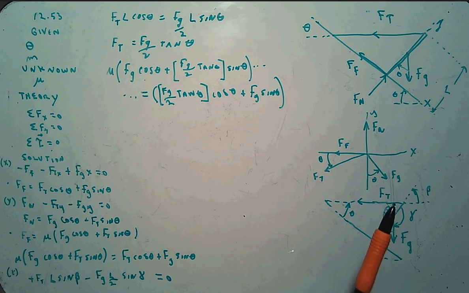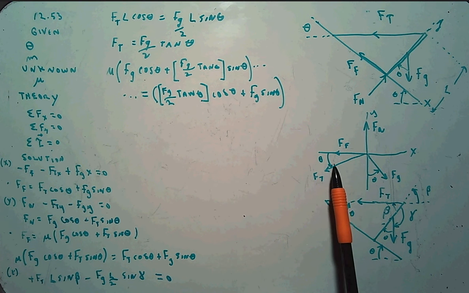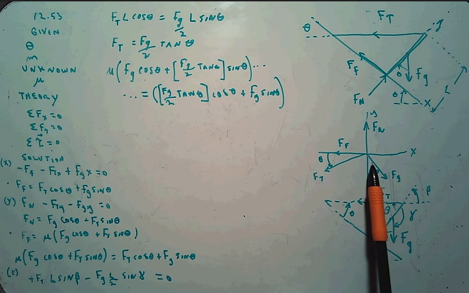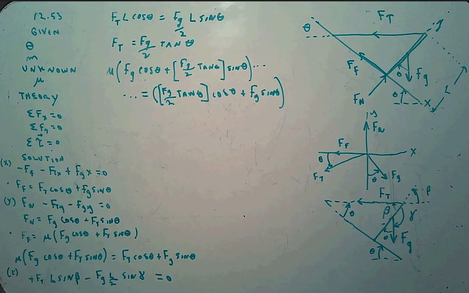Putting in the proper angles, Ft times the cosine of theta gives its x component, and Fg times the sine of theta gives its x component. Here I've set those on the other side of the equation. So I have an expression for the force of friction.